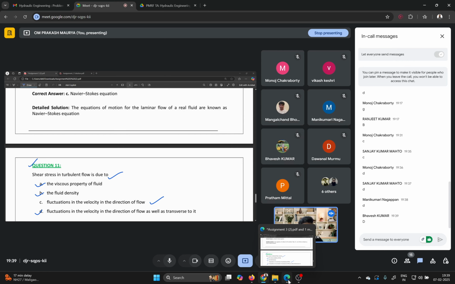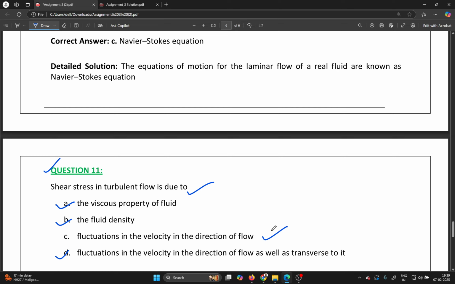Yes, option D will be correct because in the case of turbulent flow, your shear stress is related to U dash and V dash. Whatever I was talking about previously, the dash value, in turbulent flow your velocity is divided into two parts, that is U average and U dash.